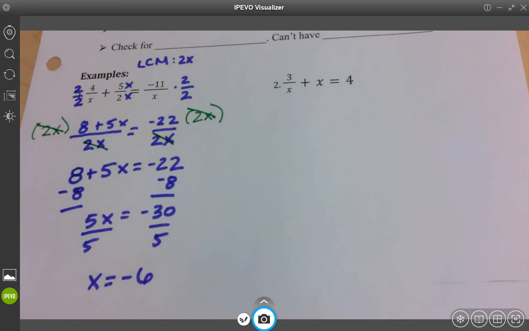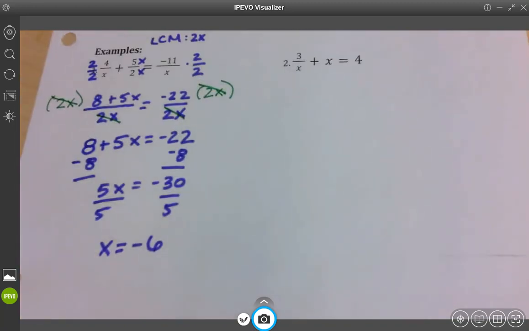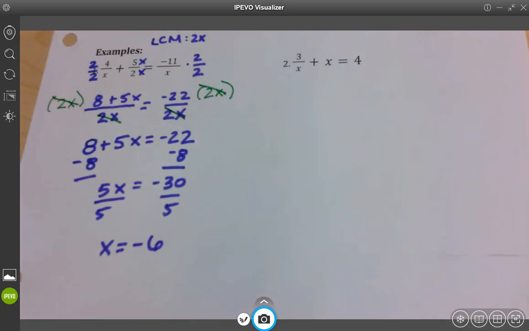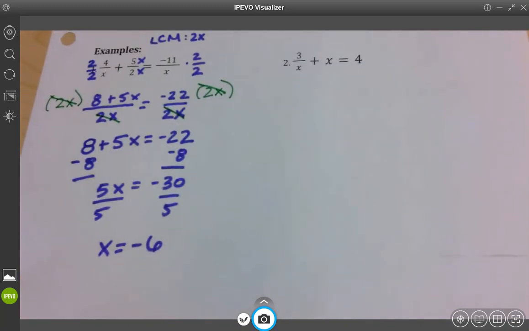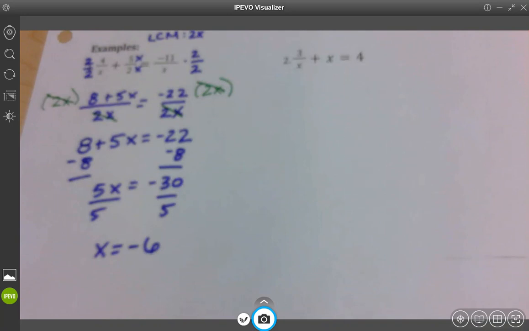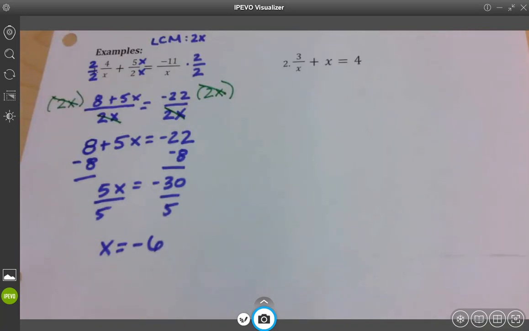All right, now when we're solving these rational equations, let me freeze this for a second. When we're solving rational equations, we have to check and see if your answer makes the denominator 0. You are never allowed to divide by 0, so your denominator can't be 0. So for example, in this problem, if we got x equals 0, normally 0 is fine.